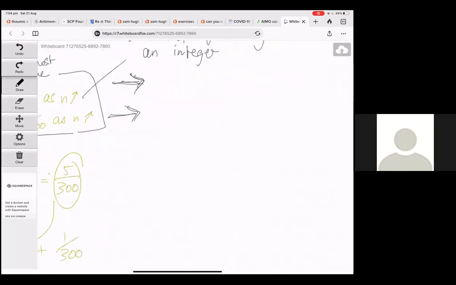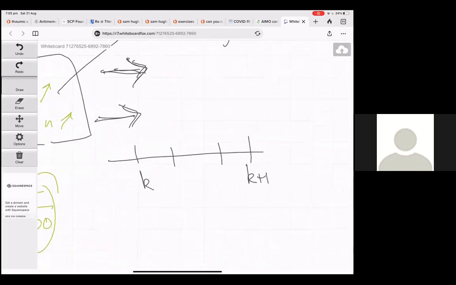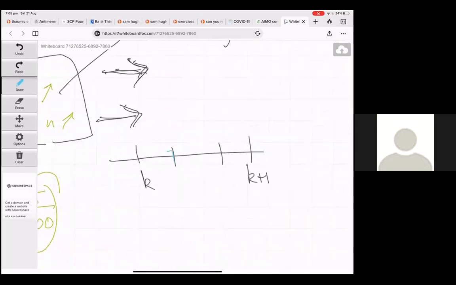So let's draw that out. I've got an integer here, k, say, and then this is k plus 1. And then if I split it into thirds, then my gaps look something like, let's say this, and then this, and then it grows a bit more when I increase n by 1.